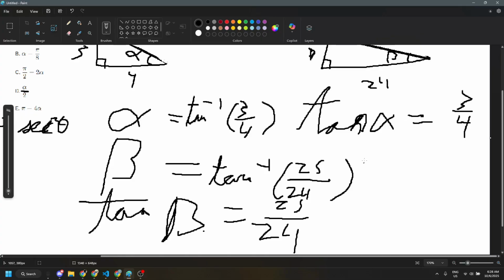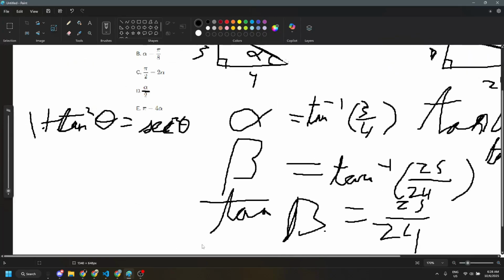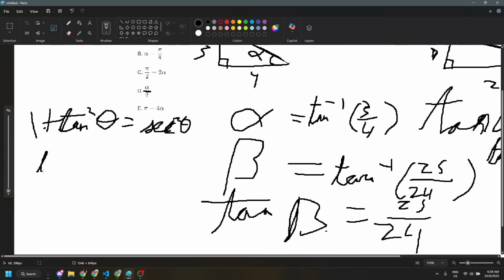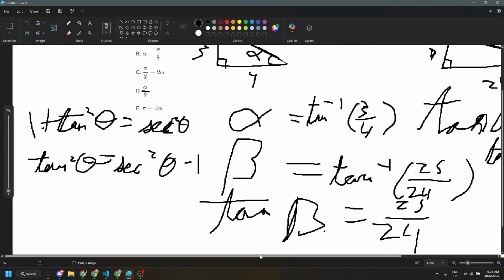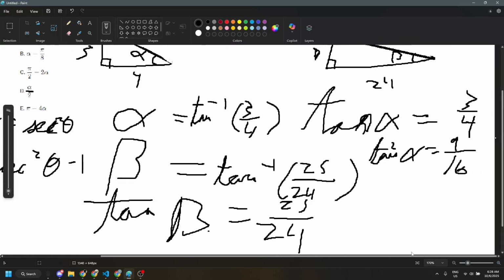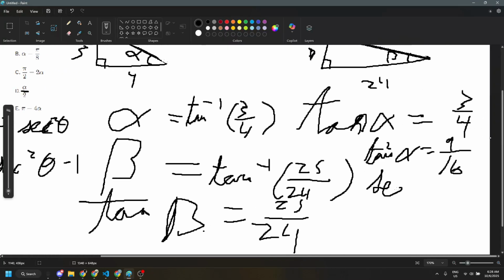Why don't we square this? So we have tangent squared of alpha is equal to 9 over 16. And tangent squared of alpha is equal to secant squared of alpha minus 1. So here now we have secant squared of theta.